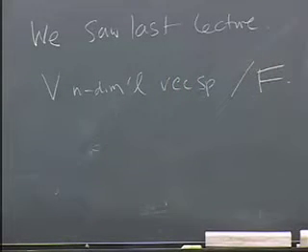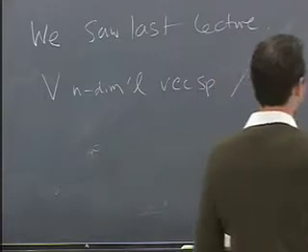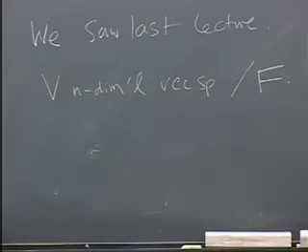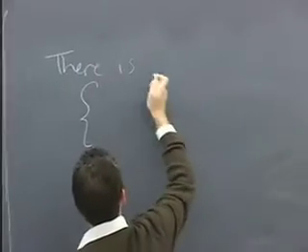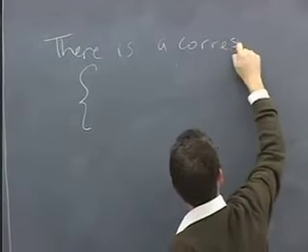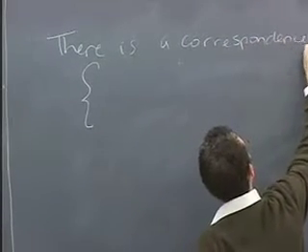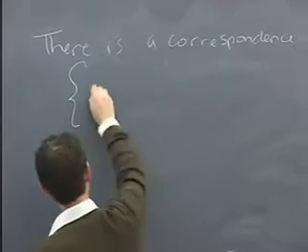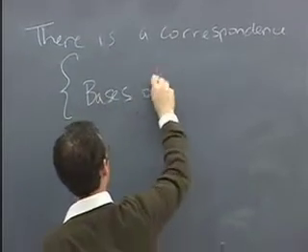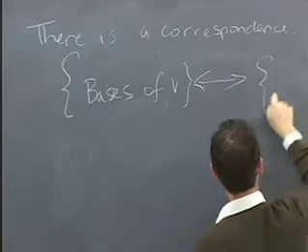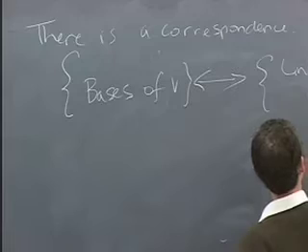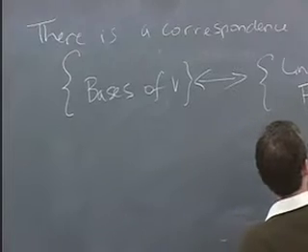Bases correspond to linear isomorphisms between the canonical n-dimensional vector space Fn and V. There is a one-to-one onto correspondence between bases of V and linear isomorphisms from Fn to V.